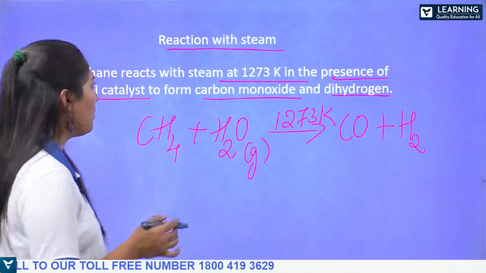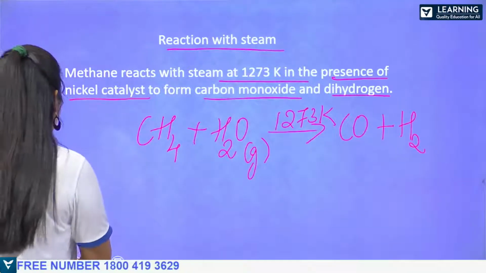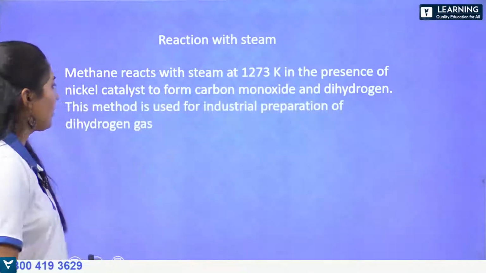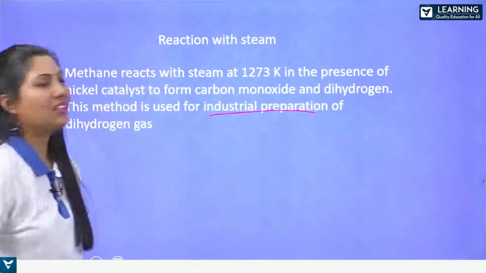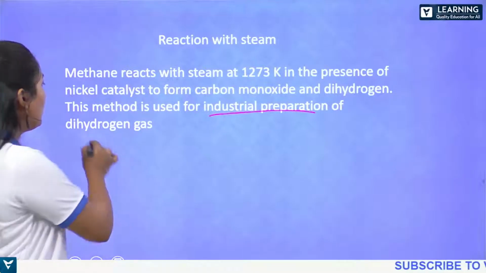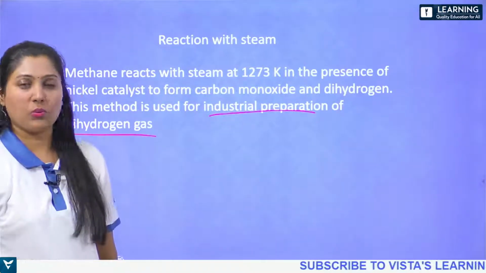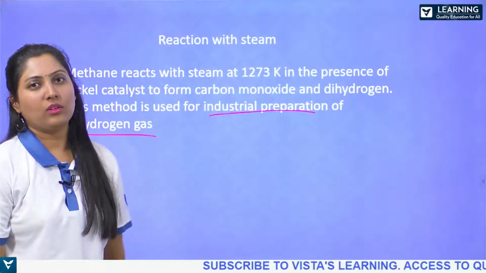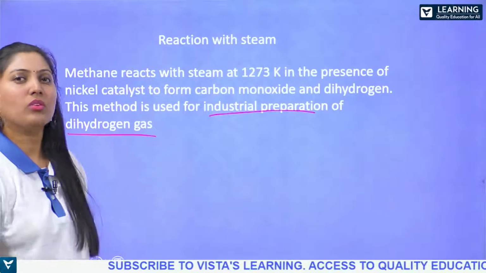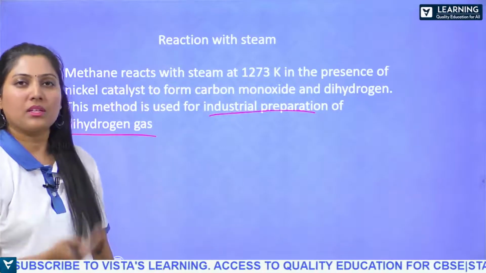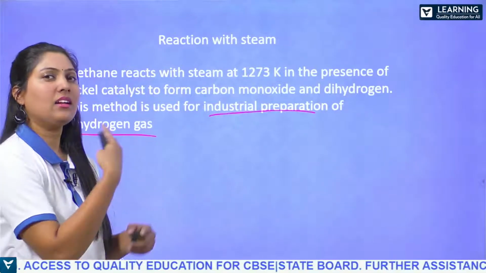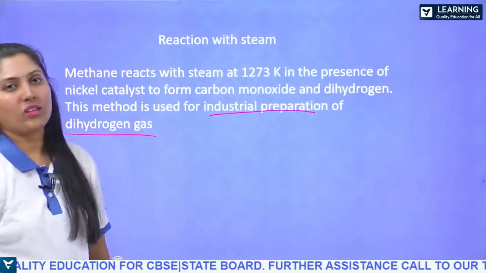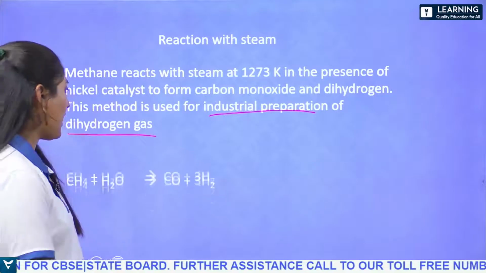So this is how we have the reaction of alkane with steam. This method is used in the industrial preparation of dihydrogen gas. You might have seen this in the hydrogen chapter. In the hydrogen chapter, one of the industrial methods of preparing dihydrogen is to react the alkane with steam to produce dihydrogen.